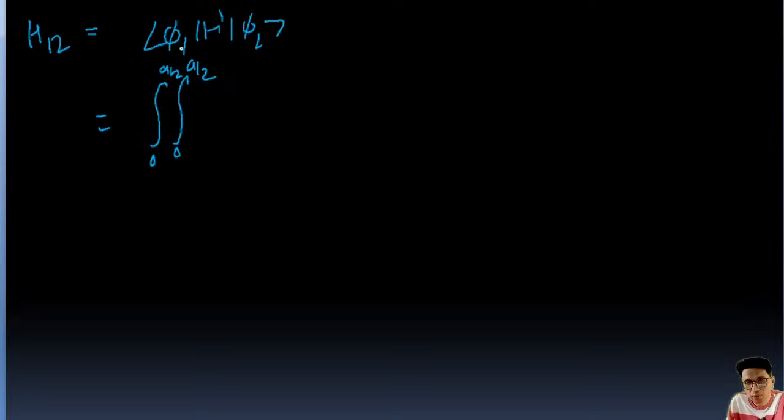Okay, we know the value of phi 1, right? Phi 1 is 2 by a sine pi x upon a sine 2 pi y upon a.